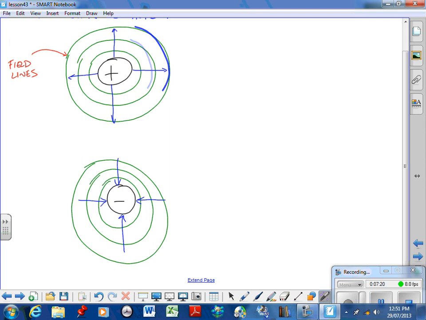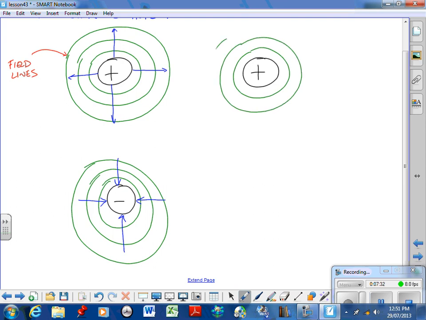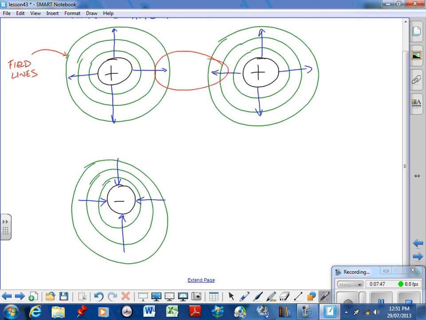Now, if we get that repulsion, and I'm going to talk about like charges repel here. So if we end up with two positive charges in proximity to each other, because the arrows are pointing in opposite directions in terms of repulsion or attraction, the interaction between those field lines is what causes those charges to push away.